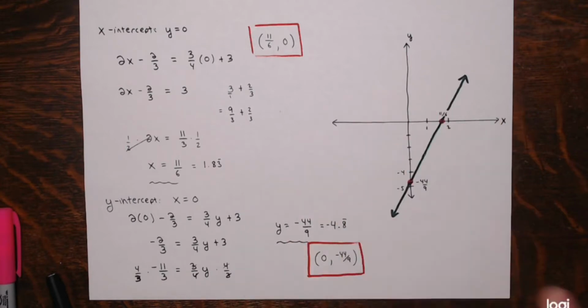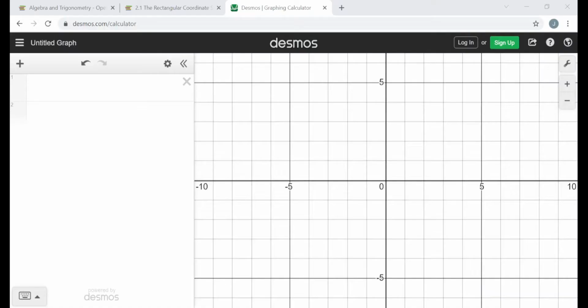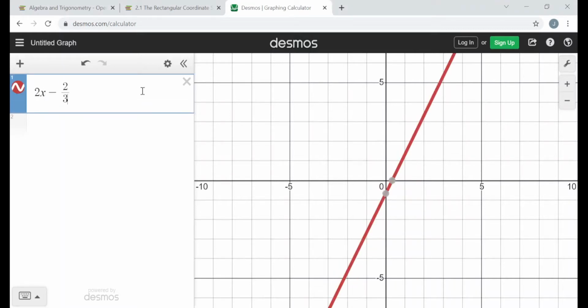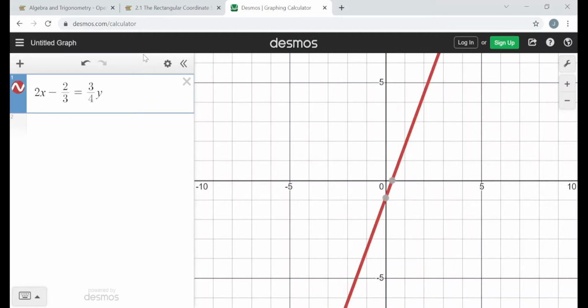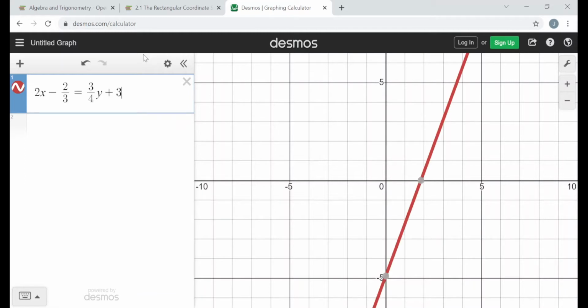All right, and then let's verify our work here. I'm going to enter the equation back in Desmos the way it was given to me: 2x minus 2/3 equals 3/4 times y plus 3. And you see between 1 and 2 there's 1.833. That was 11/6, comma 0, our x-intercept, exactly what we said on paper.